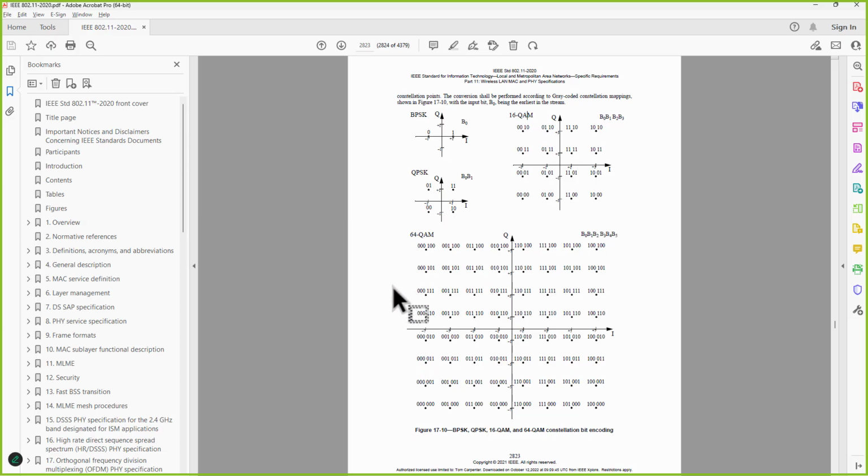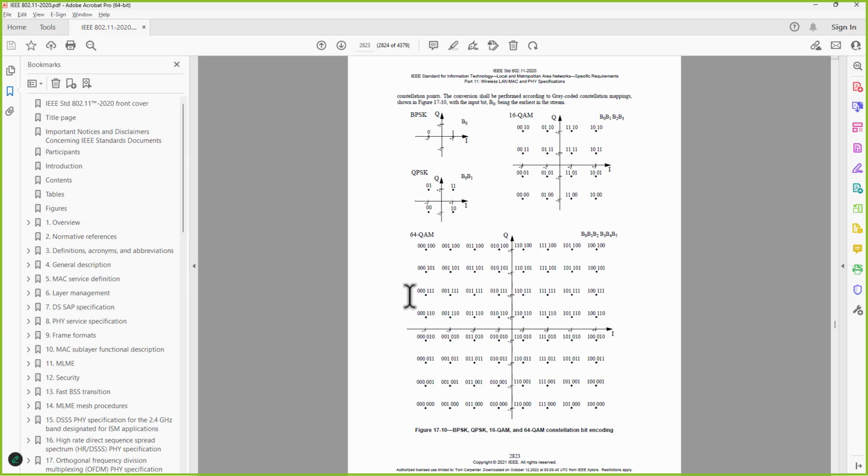Now, the reality is that if we go up to 256 QAM or 1024 QAM, or what is often called 1K, or 4096 QAM or 4K, then all we're saying is we have that many targets, right? That's the number of targets that we can try to hit in the constellation.